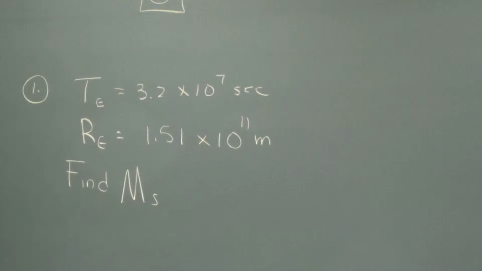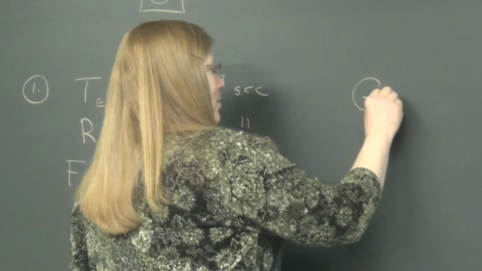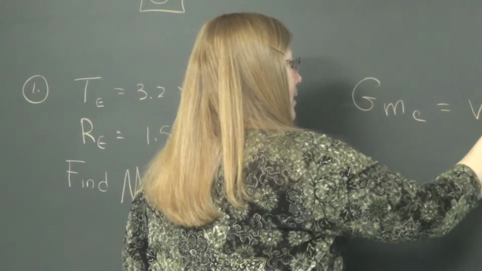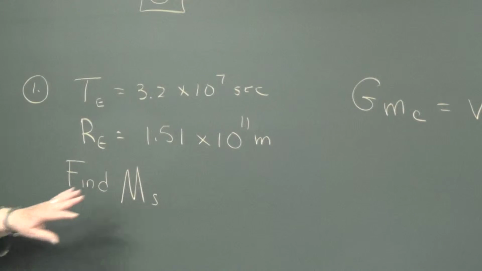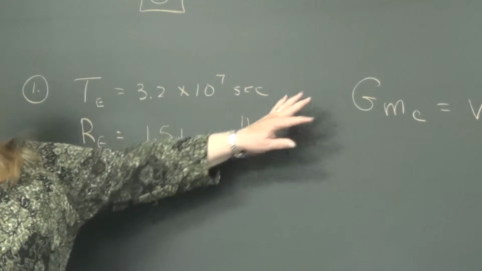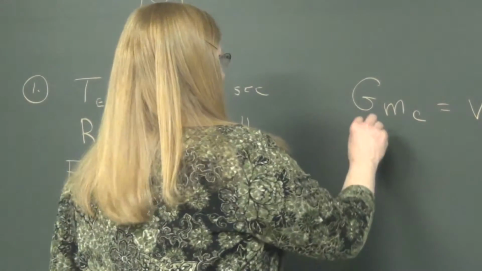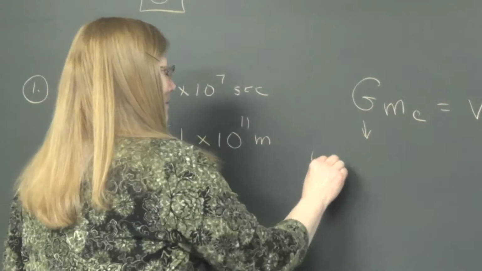So the boiled down equation to do these is G, mass of the thing in the center, equals V squared R. I've showed you several times where that came from. I'm going to start from there today. So let us plug in the numbers where they go. So G, can you remind me, Emily, what is G? 6.67 times 10 to the negative 11.